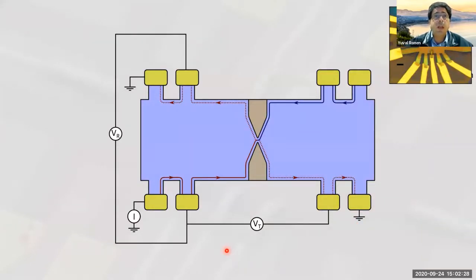To have some common language, this we can call the filling in the bulk, nu B. This is the filling right under the split gate. And this is the filling in the QPC itself. Now, this filling in the QPC itself, I don't mean that there is actually a quantum Hall region there. It's more telling you how many edges are transmitted or reflected. And you'll see as I show you in a second.